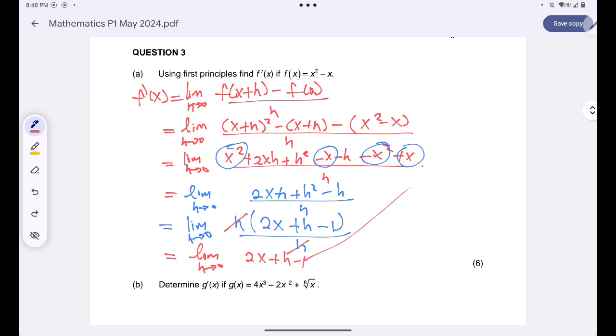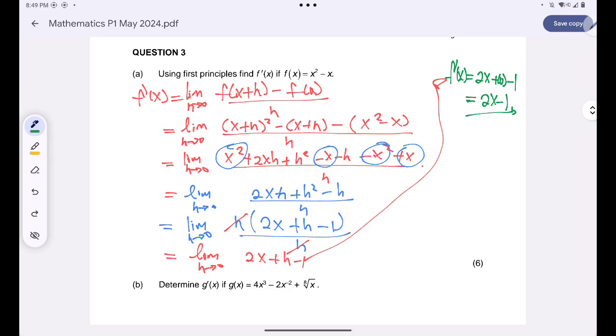Let me continue here and write the answer in green. f prime of x is equal to, please note that whenever I'm substituting h, I'm no longer writing limit as h approaches 0. Why? Because now I've substituted 0 whenever I see h. So the final answer is 2x minus 1.